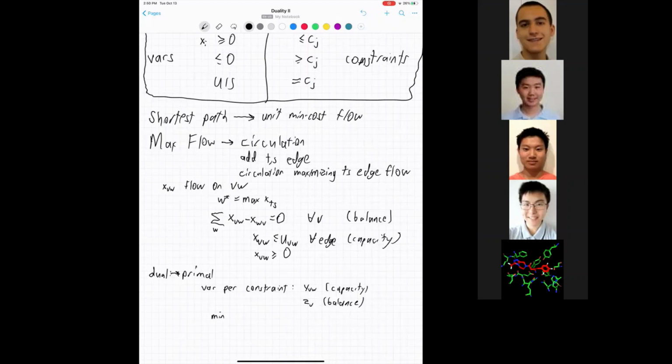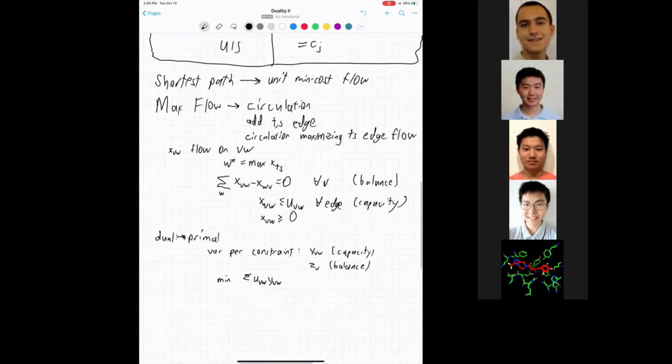The sum of the product of UVW times YVW. Exactly. So UVW are the coefficients and YVW are the variables. What happens to the ZVs? They just get multiplied by 0. Exactly. Their coefficients are 0, so they don't even appear in the objective function.